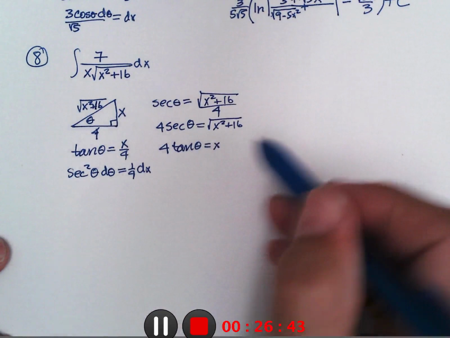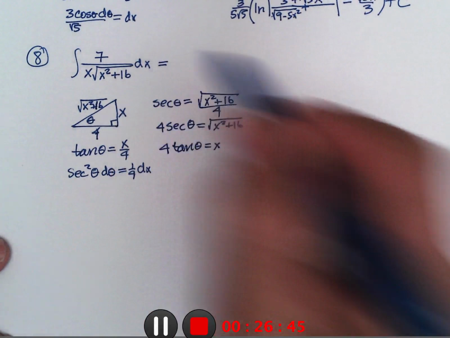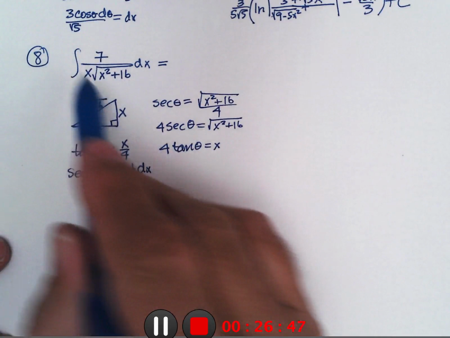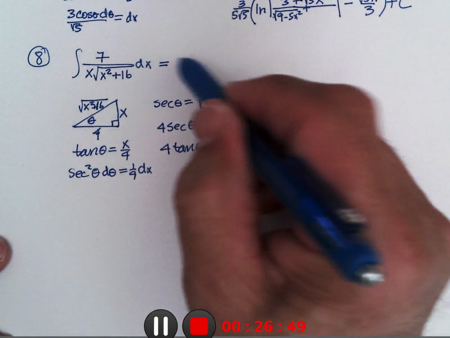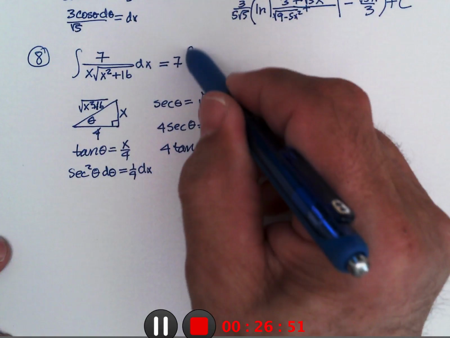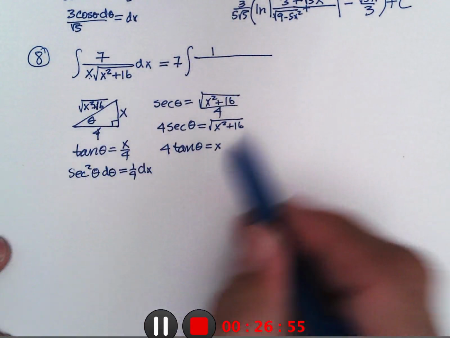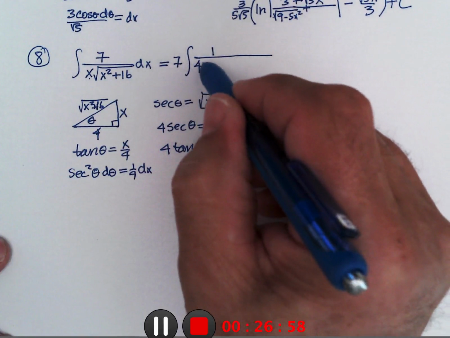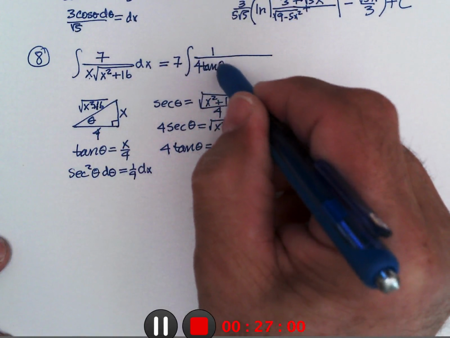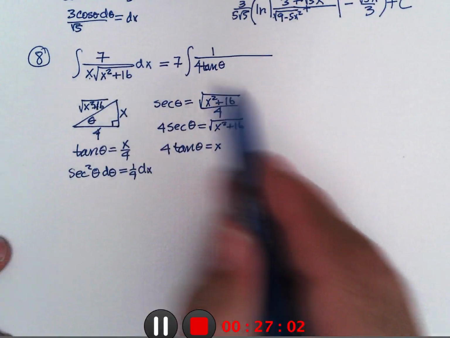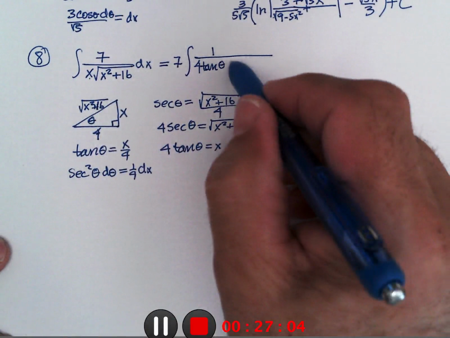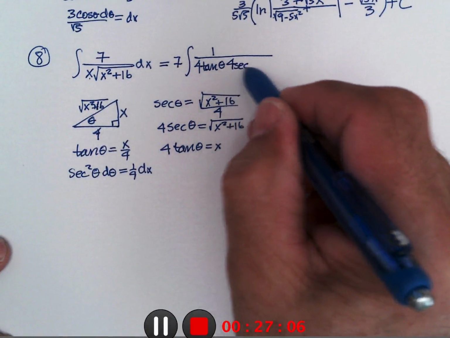So this becomes, 7's a constant, that's times all this, so it pulls out. That leaves a 1 in the numerator. The x is 4 tangent theta. The square root is 4 secant theta.